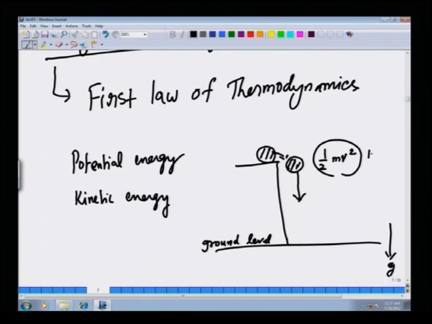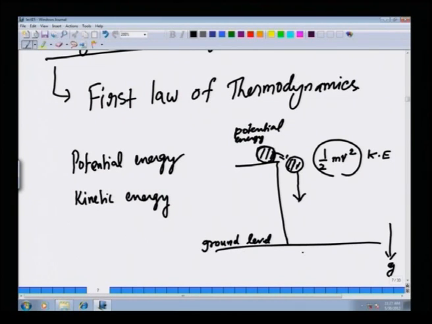This is called the kinetic energy of the sphere, which is associated with the motion of the sphere. While when the sphere is at rest, we say that the sphere has a potential energy by virtue of its elevation from the ground level.